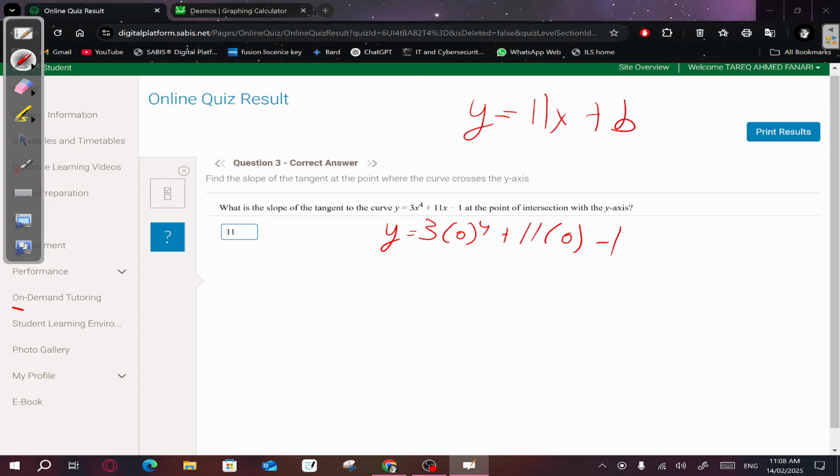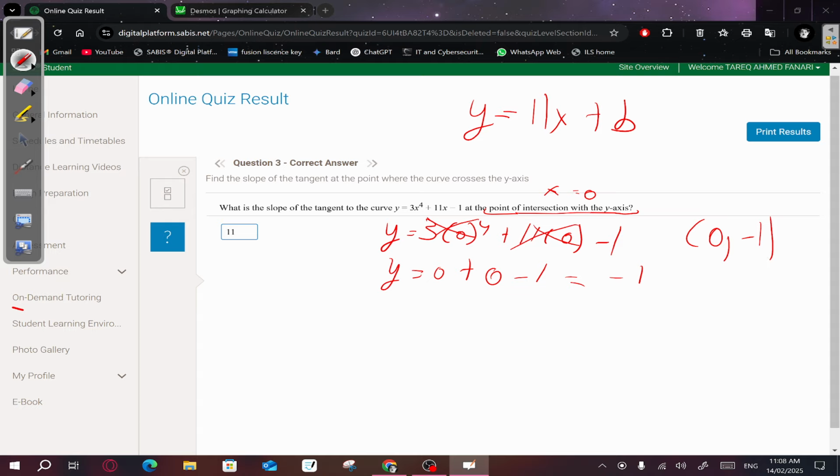Again, the point of intersection with the y-axis is the y-intercept, so at x equals 0. I'm just substituting x equals 0. So y equals 0 plus 0 minus 1. y is going to be minus 1. So our point is actually (0, -1).